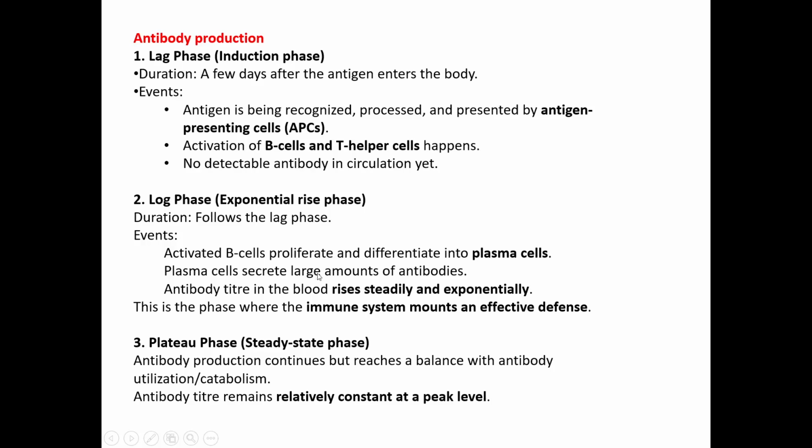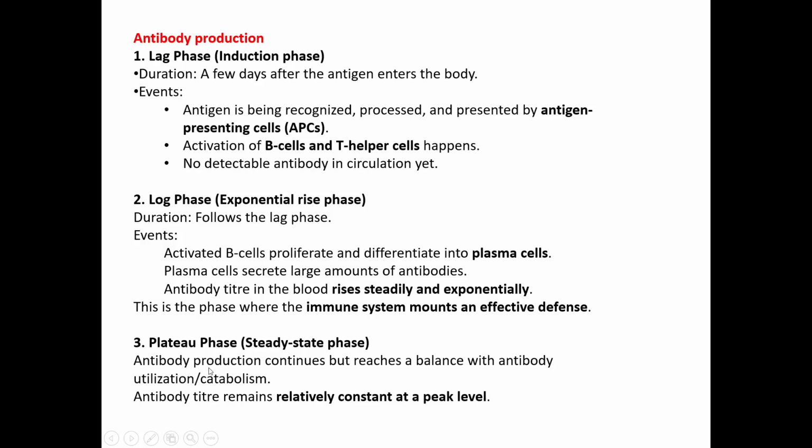Now the plasma cells will secrete large amounts of antibodies. Then, because of this huge production, the antibody titer in the blood will rise steadily and exponentially. This is the phase where the immune system mounts an effective defense because your antibody titer is highest in this phase.